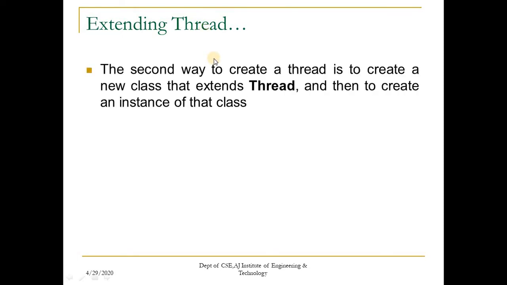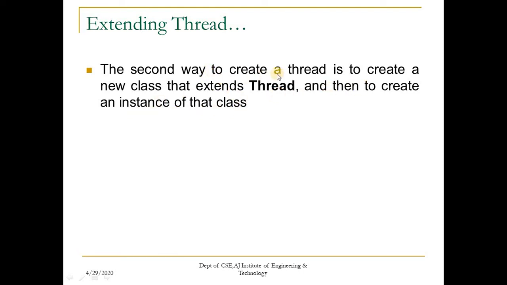As we know, there are two approaches for creating a thread. One is by implementing the runnable interface, and one more approach is by extending the thread class. In this lecture we will see how to create threads by extending the thread class also. The second way to create a thread is to create a new class that extends thread and then to create an instance of that class.